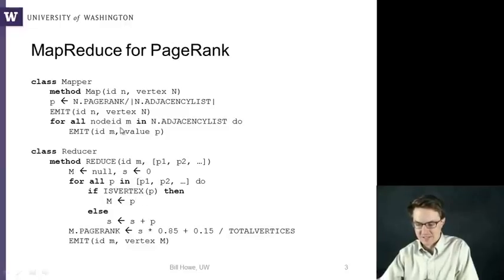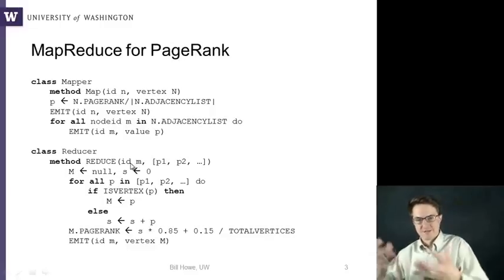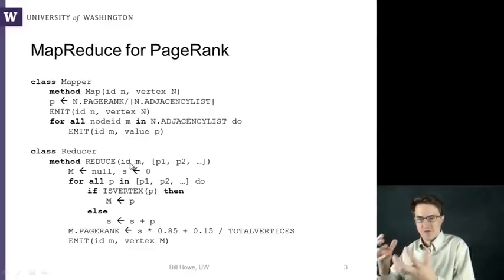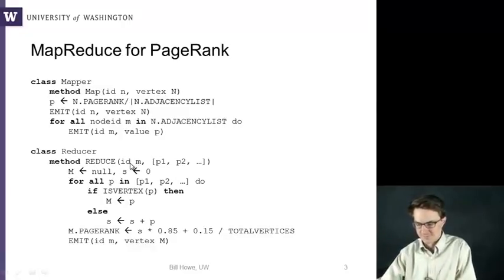Now why that's there is, if it is a vertex, that means it corresponds to this key value pair that we emitted up there. And all this was a way to pass that complex vertex object through to the reducer, because remember, the key here is just a node ID. So we need some way of passing this more complex object with some internal structure over to the reduce side. And so now we have it and we assign it to m.